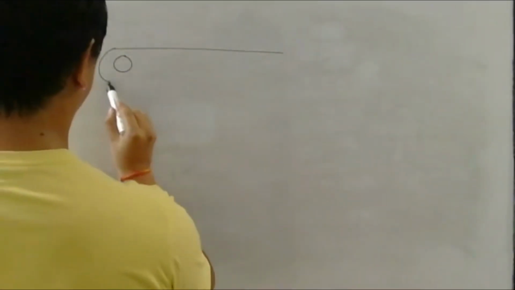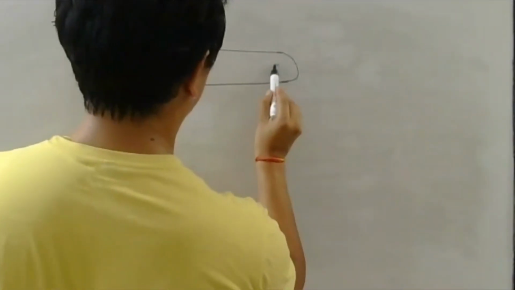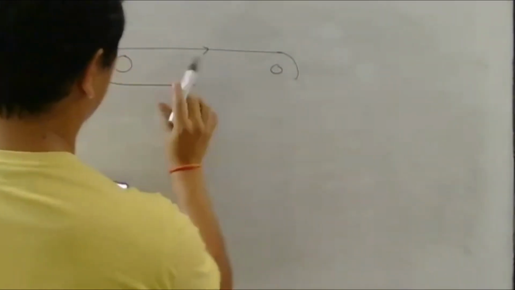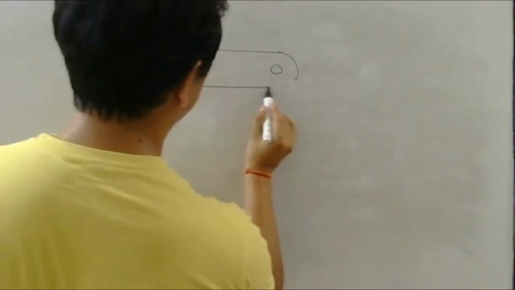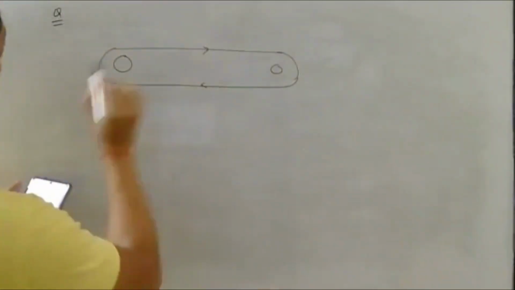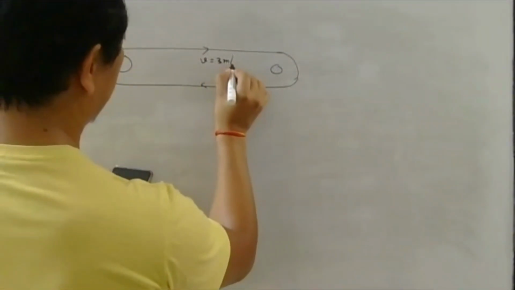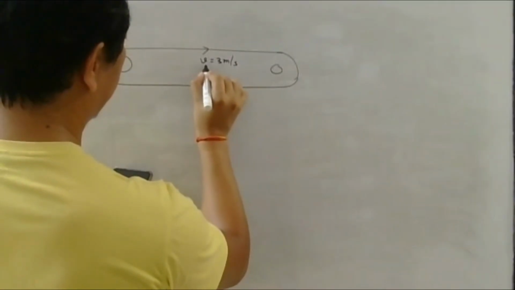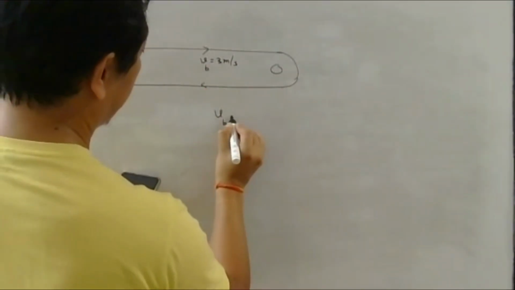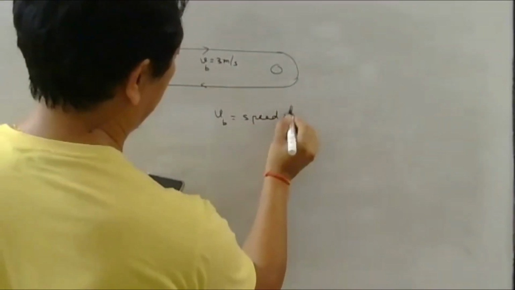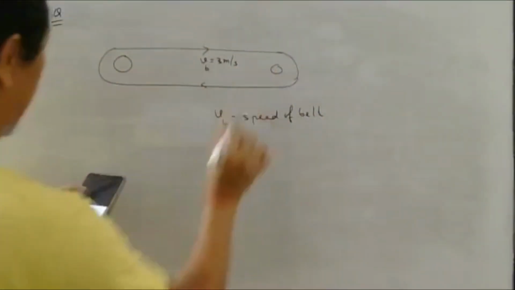The question says a suitcase is gently dropped on a conveyor belt. So this is a conveyor belt. In airports and such places, you will see this. It is moving with a constant speed of 3 meters per second. So this is the speed of the belt.